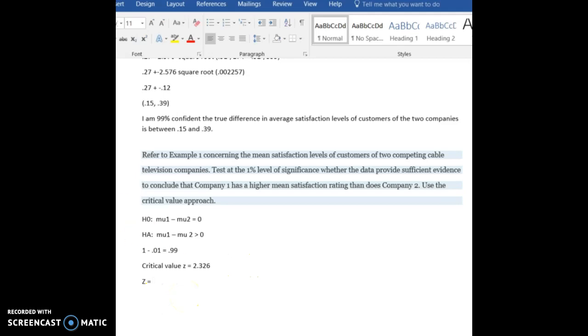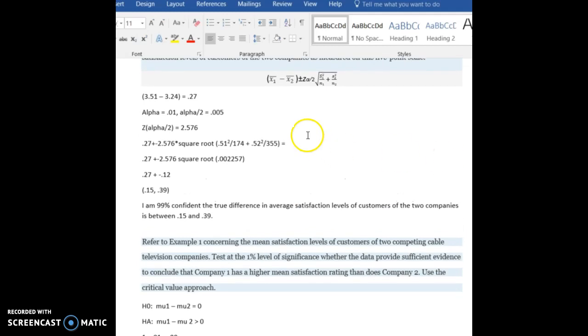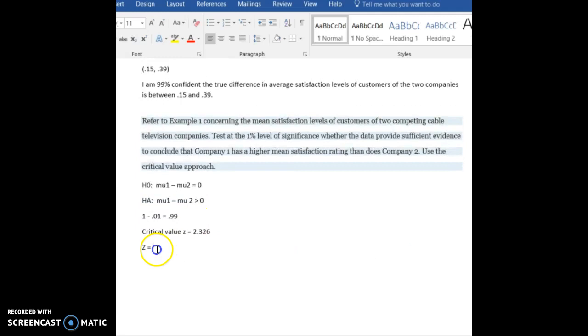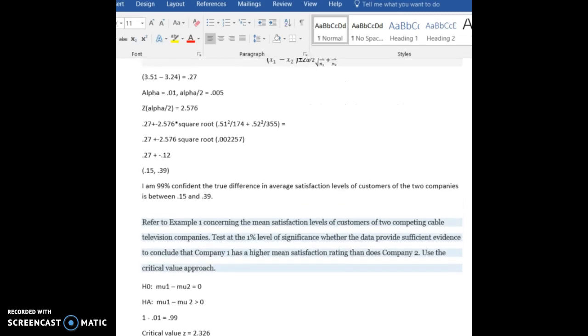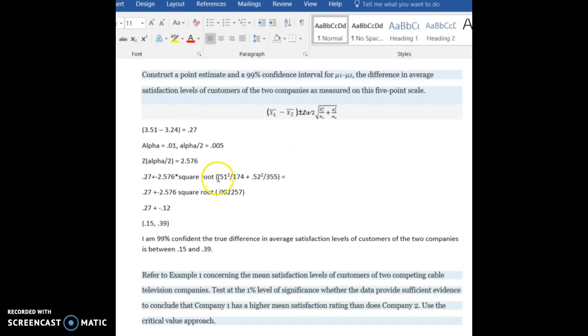So we're going to have our x bar 1 minus our x bar 2, if we look up top, was 0.27. So it's 0.27 minus 0 for our null hypothesis, divided by that huge, horrible looking square root of s1 squared divided by n1 plus s2 squared divided by n2.